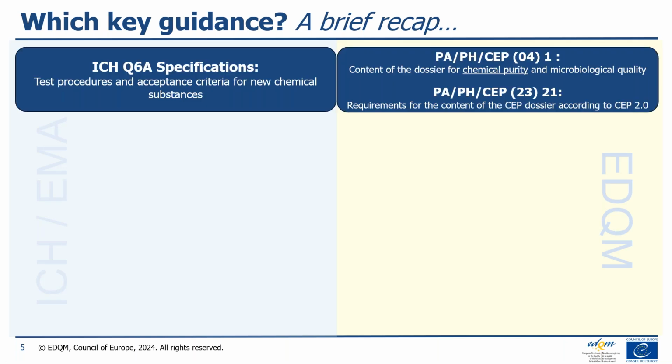The most important one is ICH Q6A, which provides guidance on how to set specifications. There are also two documents from the EDQM: one for the content of the dossier for chemical purity and microbiology, and another, more recent since last year, which sets the requirements for the content of a CEP dossier according to CEP 2.0.